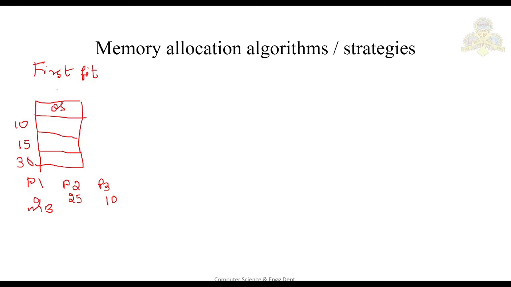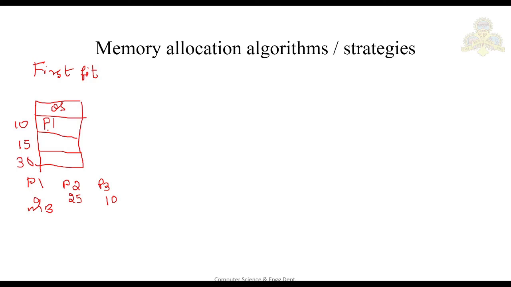It says allocate the first hole that is big enough. P1 is 9 MB and the first hole we get is 10 MB. Can we keep 9 MB in the 10 MB fragment? Yes, we can. So keep process P1 in the first hole.